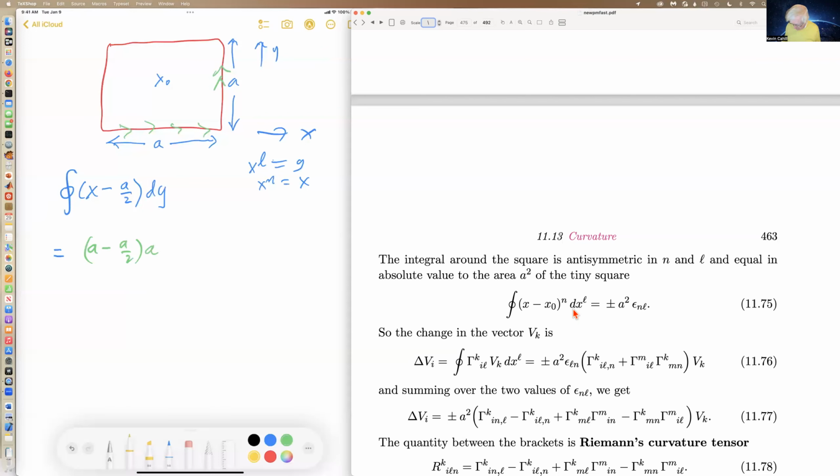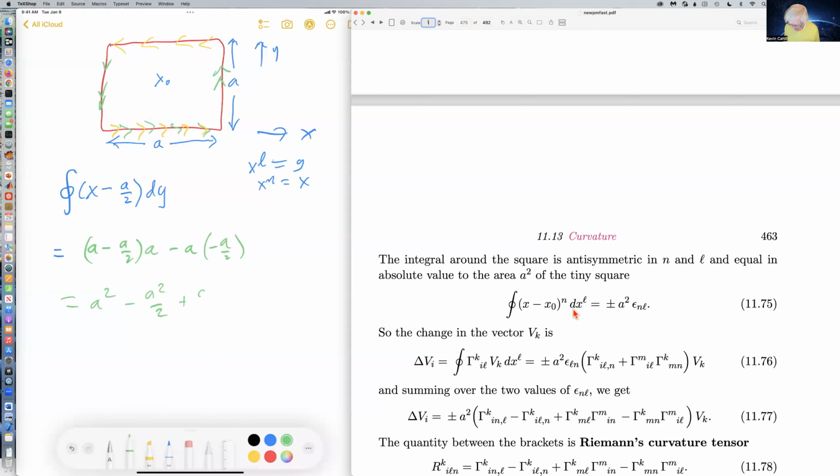The integral along the top, dy is 0, so that doesn't contribute. And the integral along the bottom doesn't contribute also because dy is 0. But then we go down this way, and now the integral of dy is minus a, and the value of x is 0, so this is minus a over 2. So we add the two together, and we get a squared over 2 plus a squared over 2 equals a squared. So that's what this thing means.